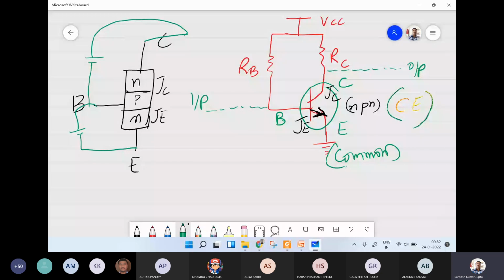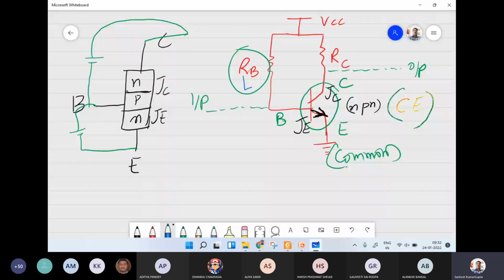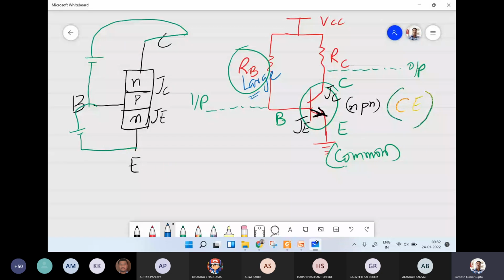RB, which we are using, is actually a large value. Why large? Because in the transistor we have seen that the base current IB is small.